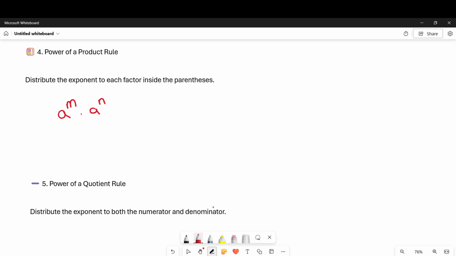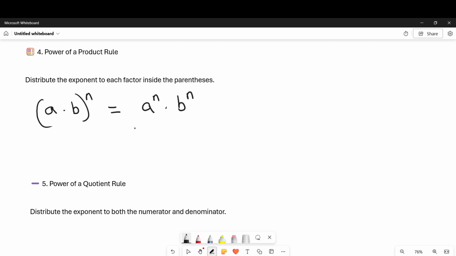Now let me make it easier to understand. There will be a times b, all to the power n. You can just write it as a to the power n times b to the power n.